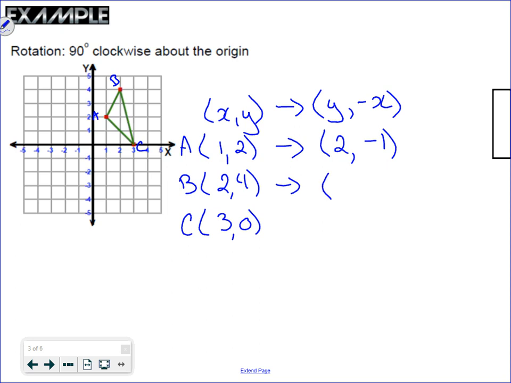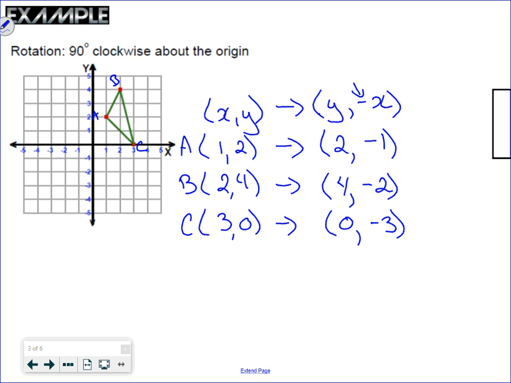For B, we want the y coordinate of the original point, which was 4. The x coordinate is 2, and we're going to switch that to a negative. And for the new C value, we want to start with the y value, which was 0, and then take the negative x, which will be negative 3. So now we plot these 3 points onto our graph.